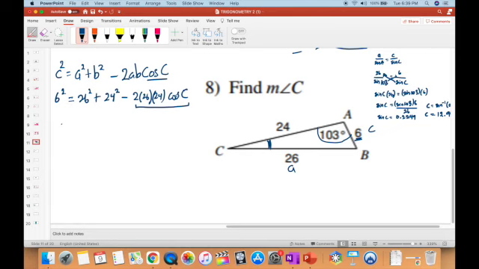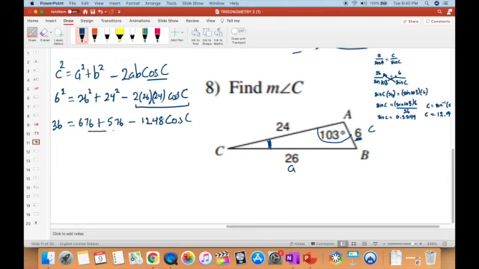Now let's work out: 6 sixes are 36 is equal to 26 squared is 676 plus 24 squared is 576 minus 26 times 24 times 2 is 1248 times cos of C.